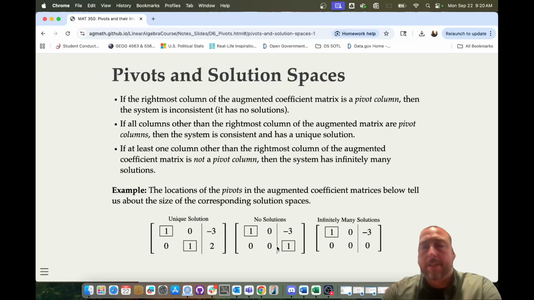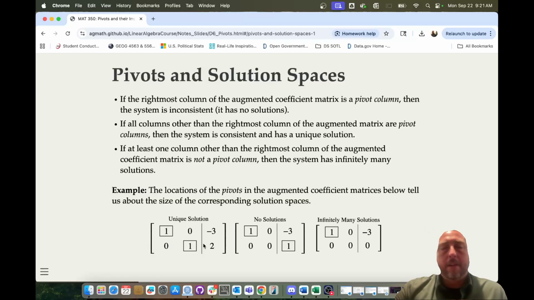The left-hand side says I have 0 copies of x1, I have 0 copies of x2, so I have 0 on the left-hand side of this equation. And then 0 is equal to 1 is what this is saying. And 0 can't be equal to 1. That's a contradiction. And so because of that contradiction, there are no solutions to the system.